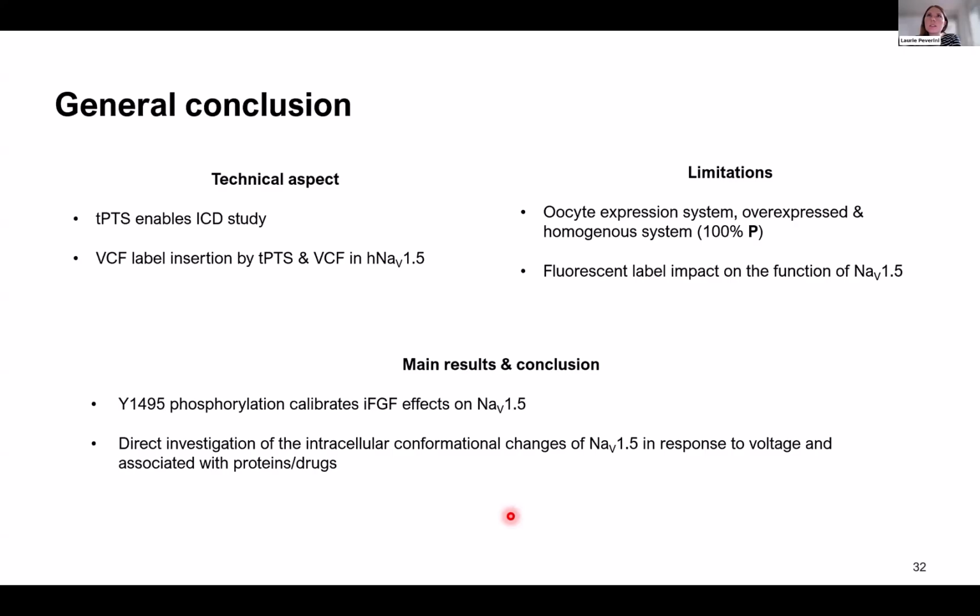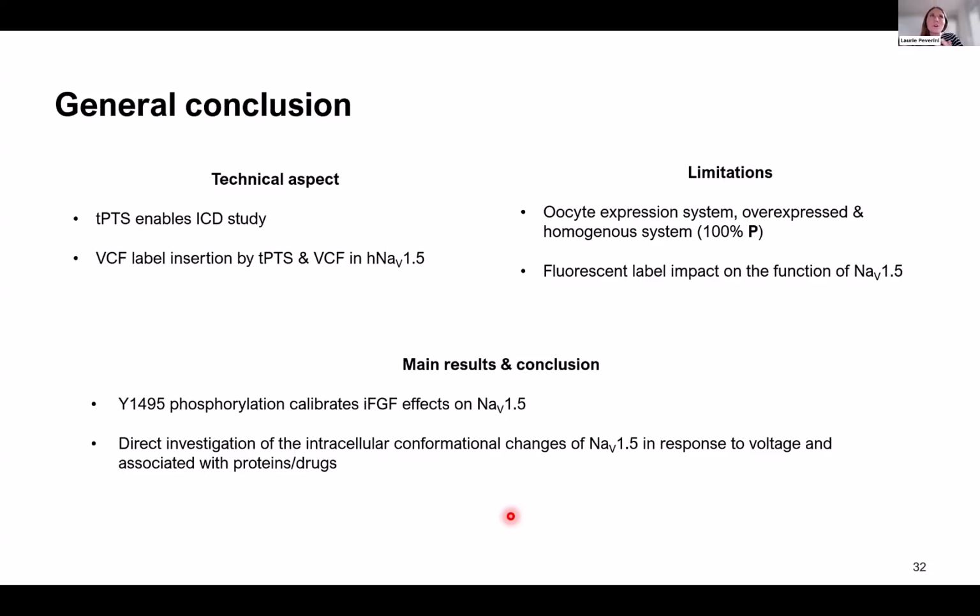So I think in this case, it's more like the D3D4 linker. The dye that we placed is really, really close to the IFM particle. So the IFM particle will go to a hydrophobic pocket. This will change the local environment, and the higher hydrophobicity will lead to a higher fluorescence, so a dequenching of the fluorescence, to my mind.